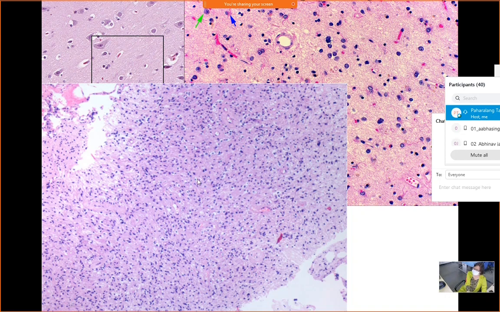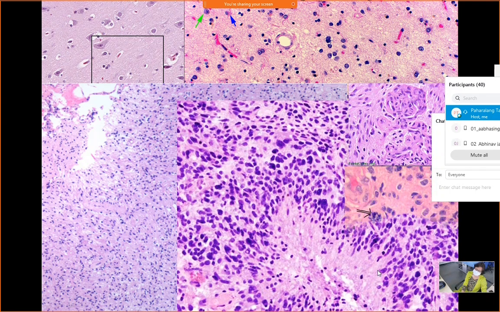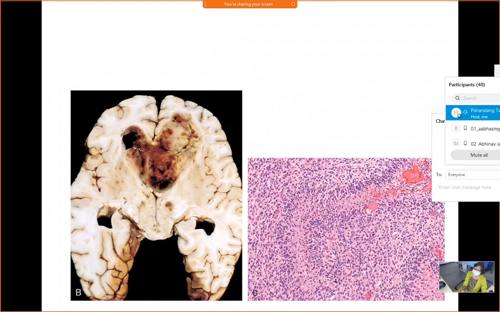But I have to look for mitosis, necrosis, anaplasia to confirm whether it's a high grade or a low grade. And if I see a tumor like this, it's definitely a high-grade tumor. There's so much cellularity, hyperchromasia, anaplasia, necrosis, these glomeruloid blood vessels and abnormal mitosis. All these point to a WHO grade 4, which is known as a glioblastoma.